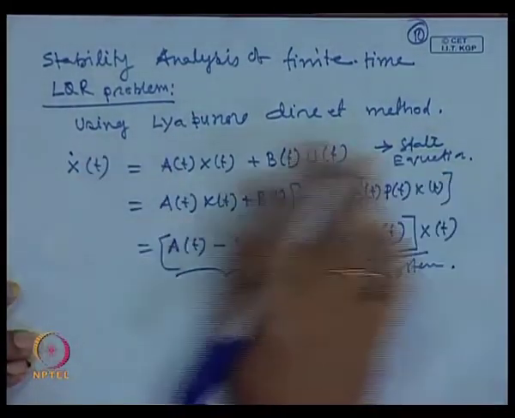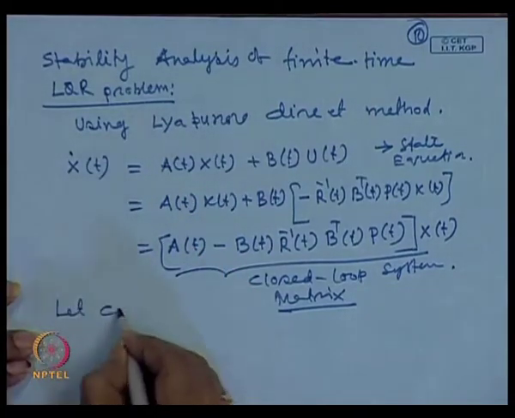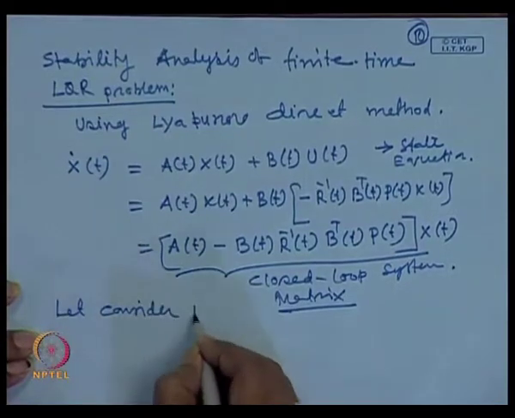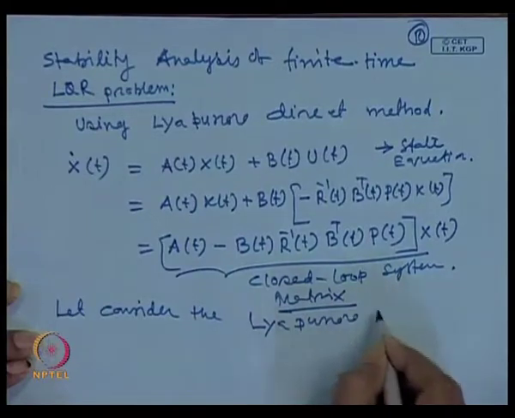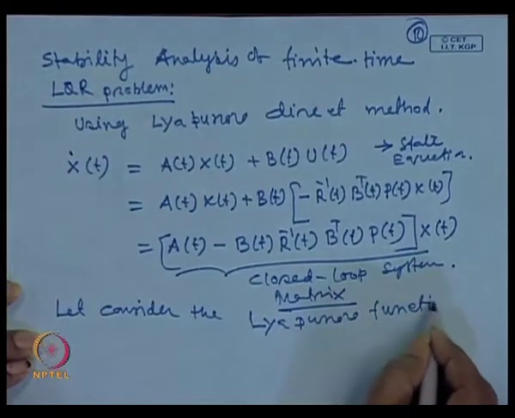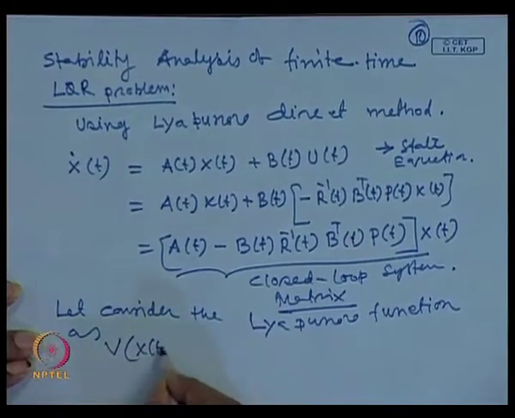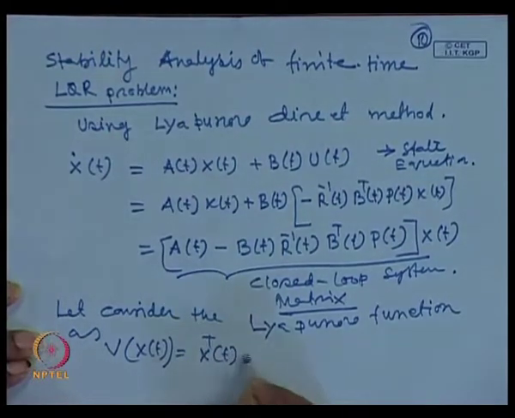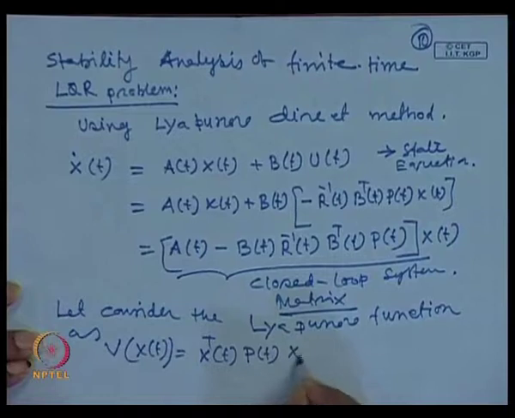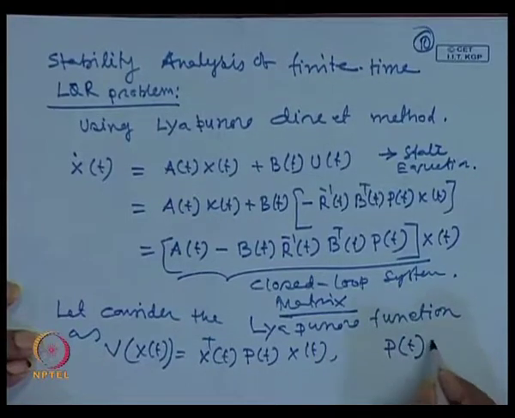Now, I want to study the stability of this system. Let us consider the Lyapunov function V of x of t is equal to x transpose P of t x of t, where P of t is a positive definite matrix.